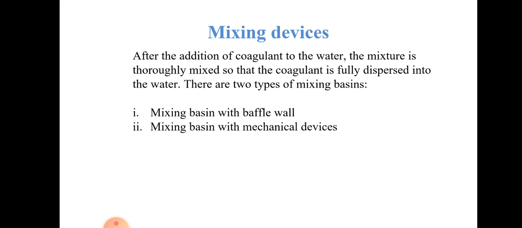In this case the required dose of the coagulant will be added to the suction line of the pump, and when the water fed with the coagulant passes through the impeller of the centrifugal pump, mixing will be accomplished by the agitation. After the water comes out, some gentle agitation is again required to get good results and to accelerate the coagulation and the sedimentation process.